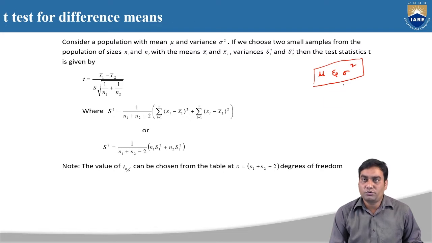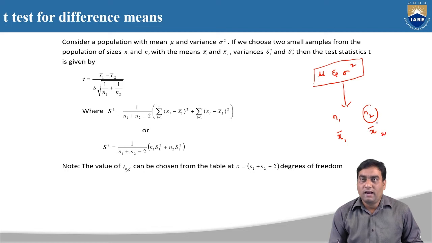If we choose two samples from this population with the sizes n1 and n2, the first sample size n1 and second sample size n2, the mean of the sample is denoted by x bar, but we have two means here, that's why x1 bar and x2 bar, and their variances are s1 square and s2 square.